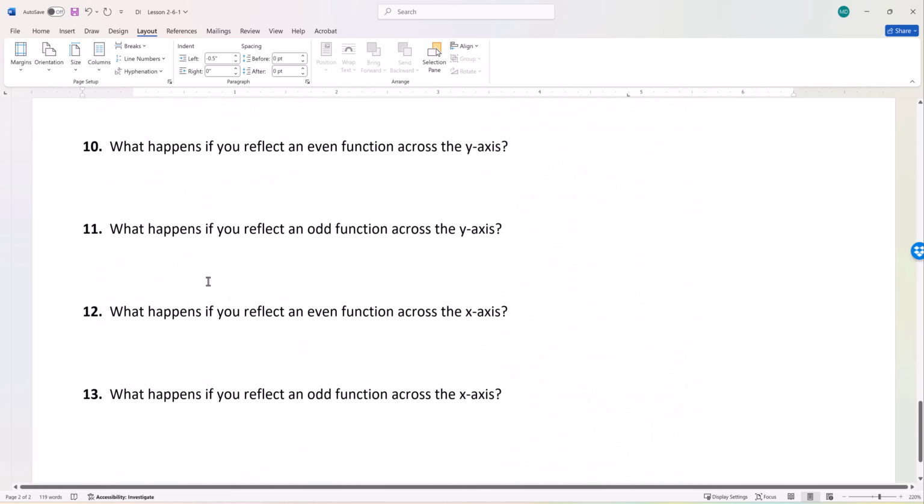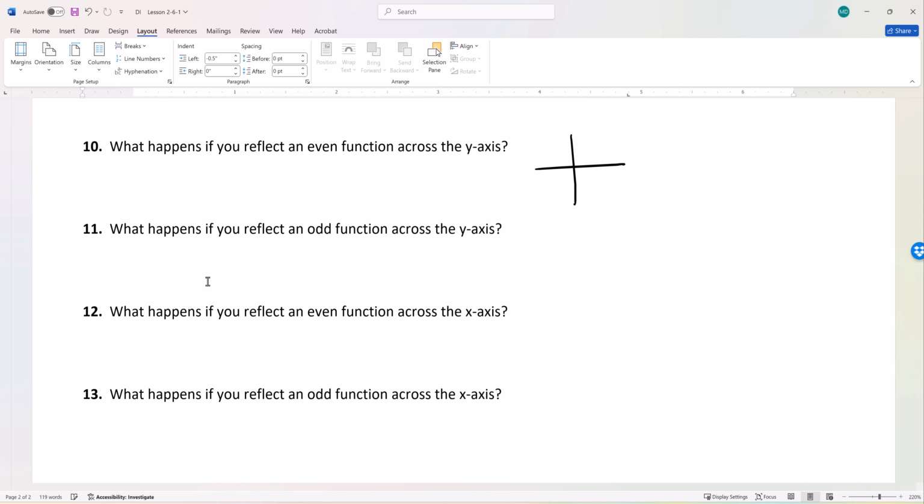So questions here. What happens if you reflect an even function across the y-axis? So we explain it. If I take an even function, here's an example, and it reflects over the y-axis, it stays the same. What happens if I reflect an odd function over the y-axis?